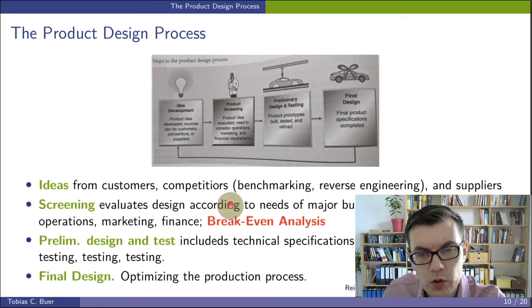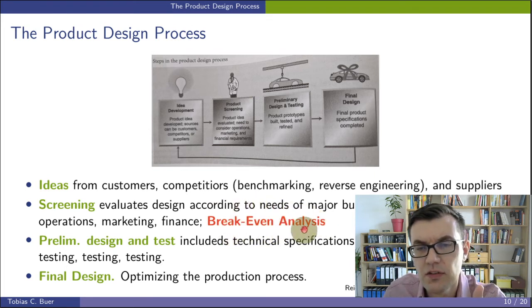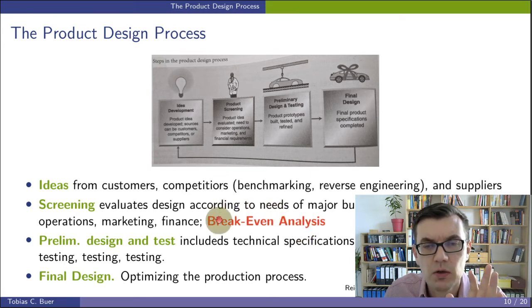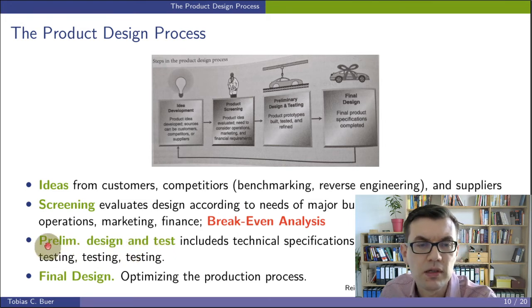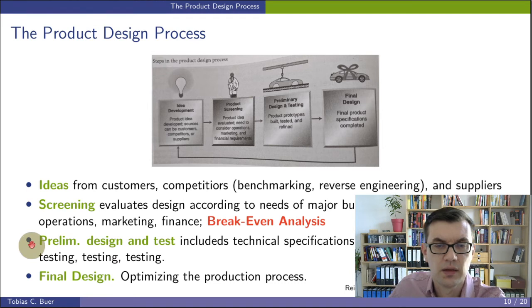We will have a look into one method that we can use in the screening phase, which is the break-even analysis. Of course, there are many different other methods, but we will look after the slide on the break-even analysis as one very versatile method. In step number 3, we have the preliminary design and testing.